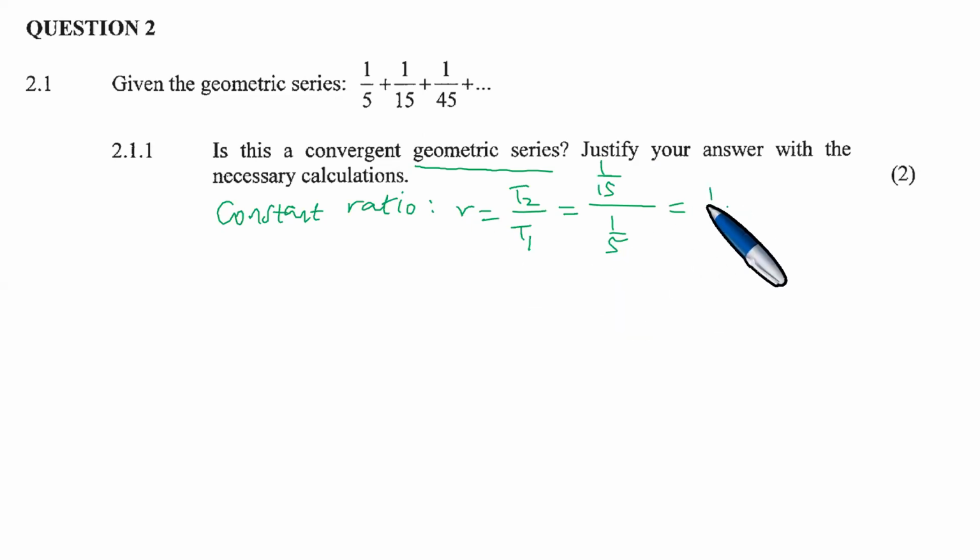When you are dividing two common fractions, what you do is you take 1/15, and you multiply by 5/1. So this is 1/3.